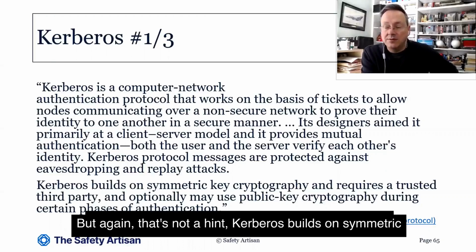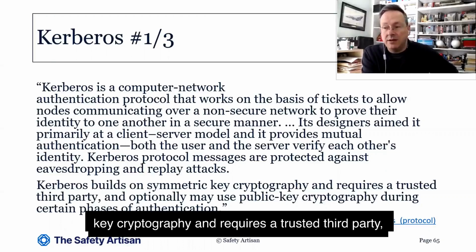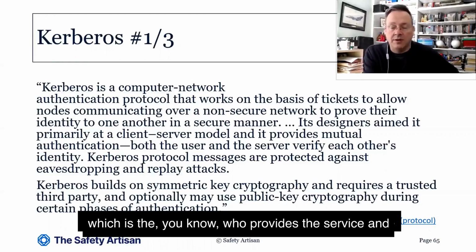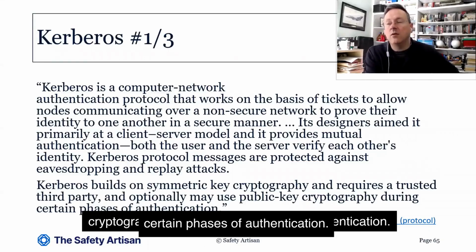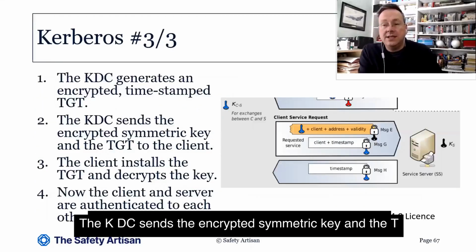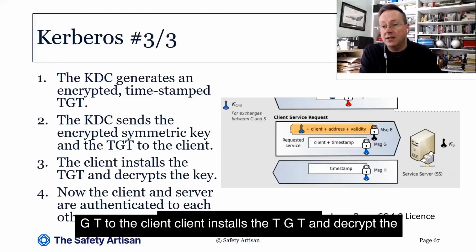Kerberos builds on symmetric key cryptography and requires a trusted third party, which is who provides the service, and optionally may use public key cryptography during certain phases of authentication. The KDC sends the encrypted symmetric key and the TGT to the client.